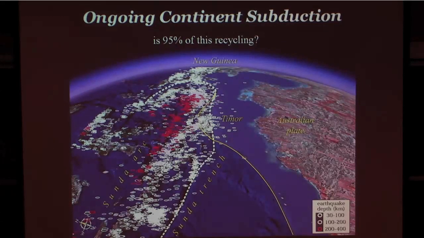Other processes that could potentially recycle continental crust into the mantle include subduction of microcontinents or continental margins. Here's an example of this ongoing today. This is the Australian plate going north into the Sunda Trench. These different colors show depth of seismicity, not depth of continental crust, but depth of seismicity from the slab.